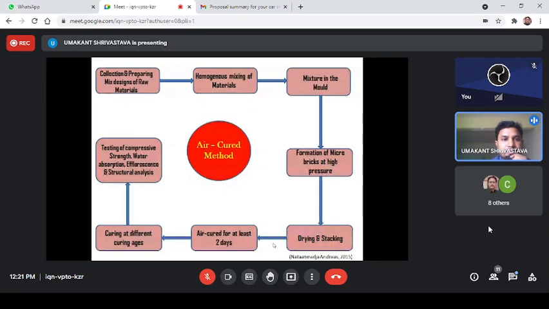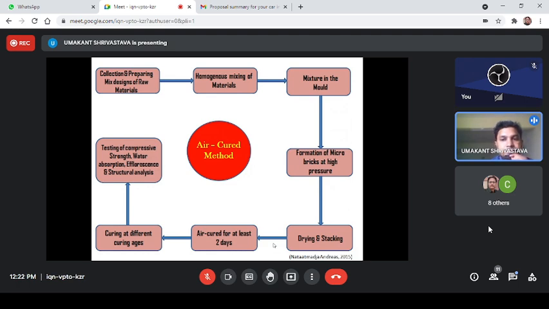In the air-cured method, initially we collect the fly ash samples and prepare the mix design of the raw material, and then homogeneous mixing of the materials is done. Then the homogeneous mixture is taken into the mold for settling. The formation of micro brick samples at high pressure with the help of a KBR pellet press is done.